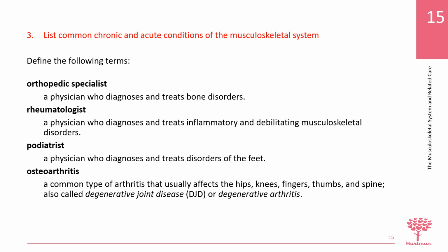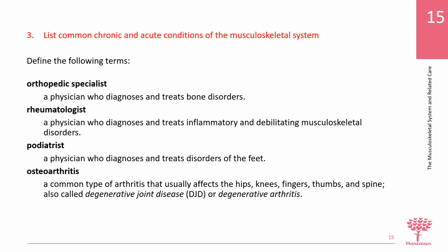So now let's talk about some of those specialists who work in this field and who you will be working in this field. And now we're going to get into some of those chronic and acute conditions of the musculoskeletal system. Anytime we speak about bones, you hear the word ortho.